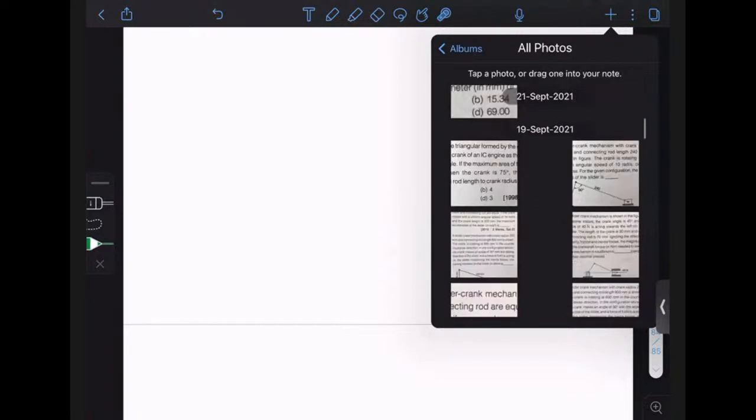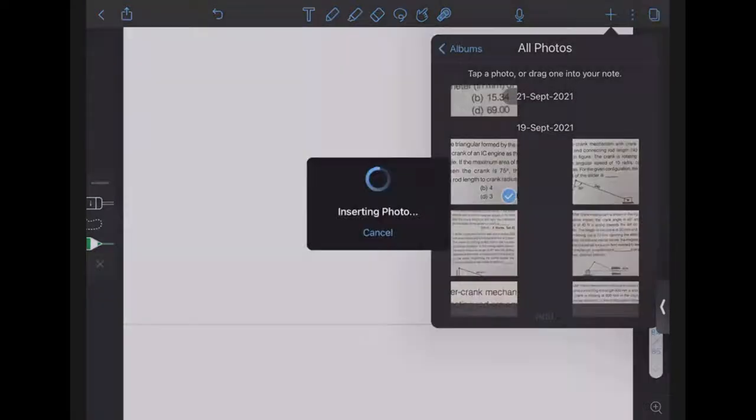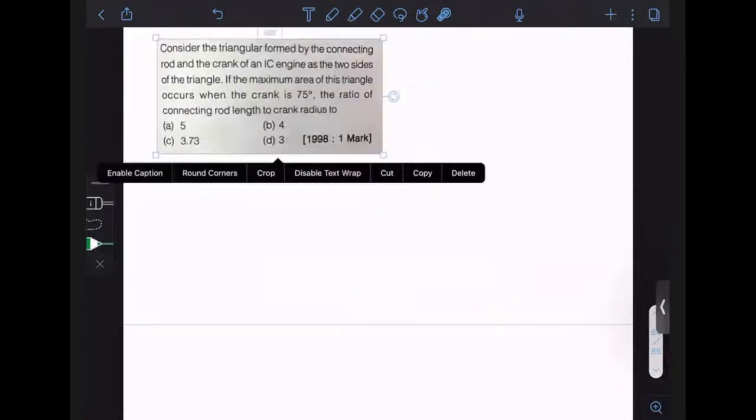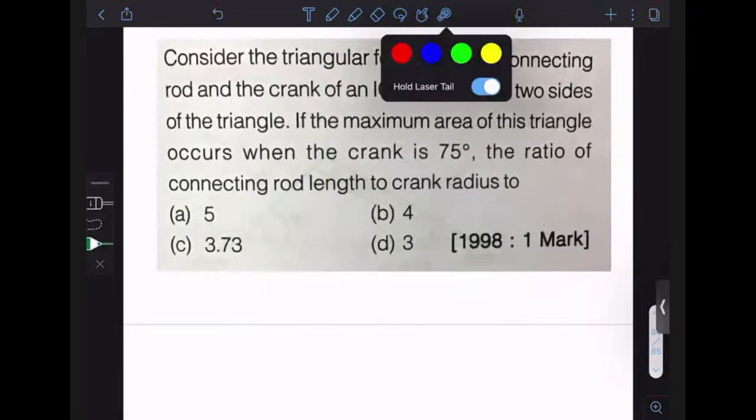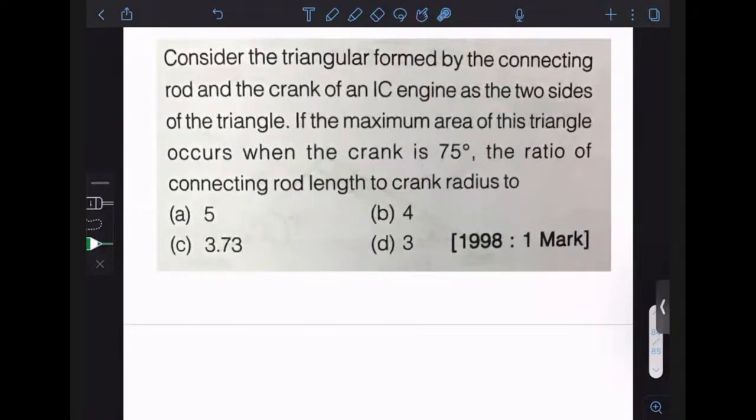Firstly, I just wanted to do this one. Today, I'm not going to waste time. Just firstly, I'm going to do the problems. Quite beautiful problem. Consider the triangle formed by the connecting rod and the crank of an IC engine as the two sides of the triangle.